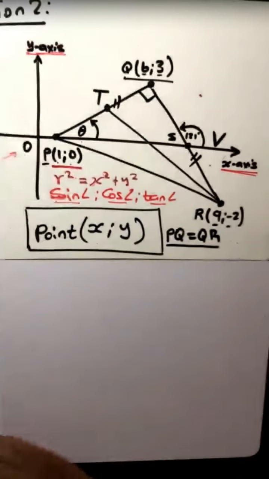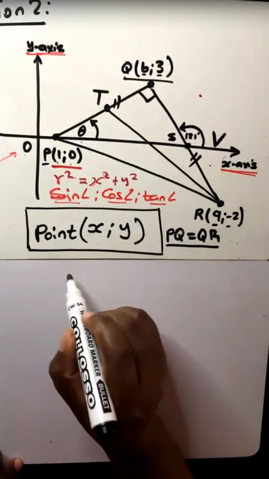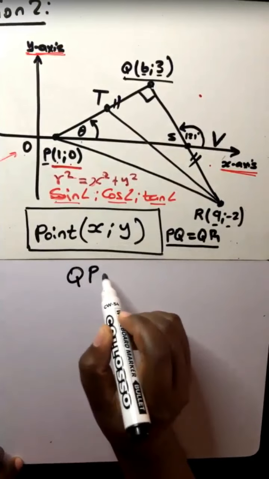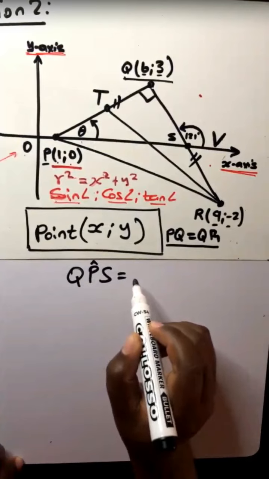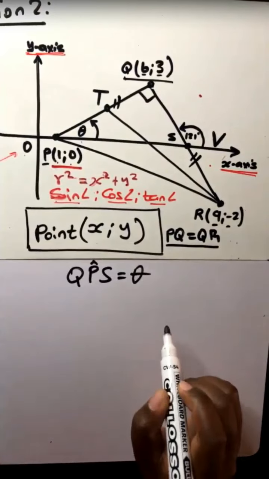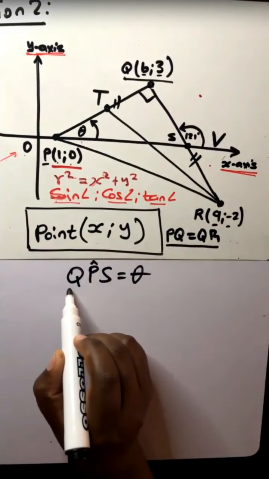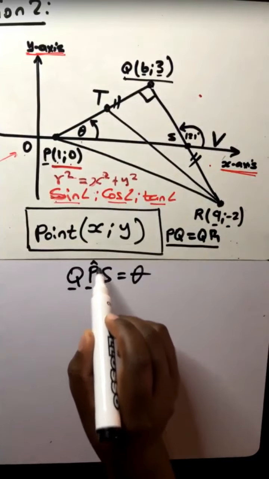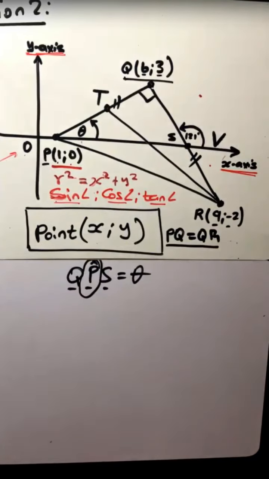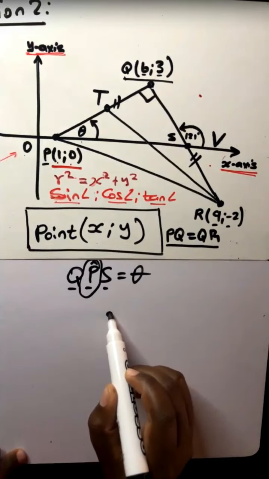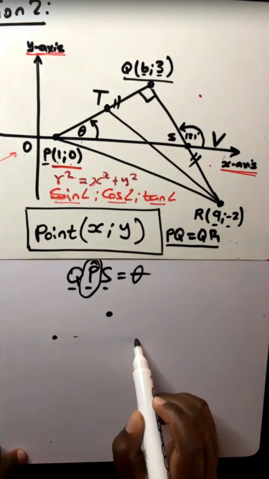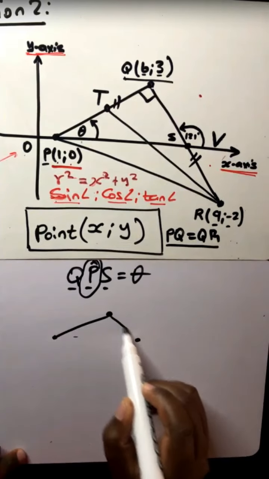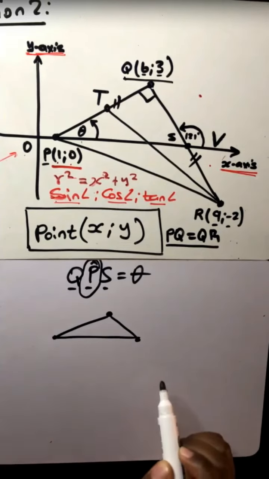And again, they say in triangle QPS, angle P is equal to theta. So this is triangle QPS while considering angle P. If you had to draw that, you've got Q somewhere there, you've got P somewhere there along the same line, you've got S. Then this is the triangle that they are talking about.